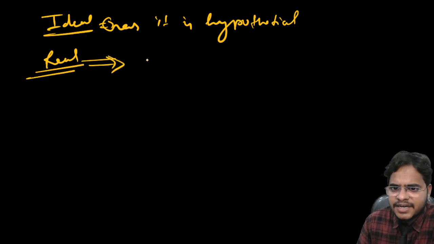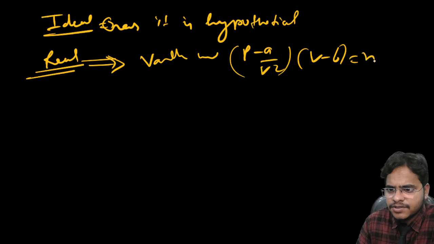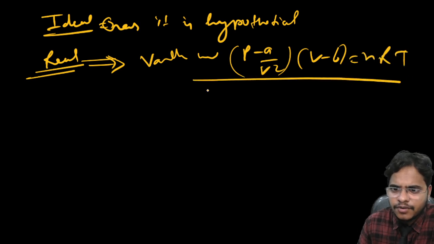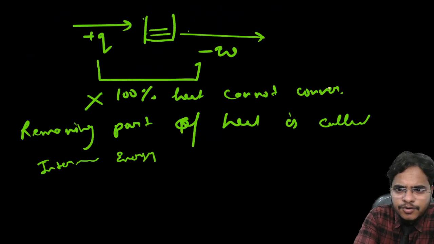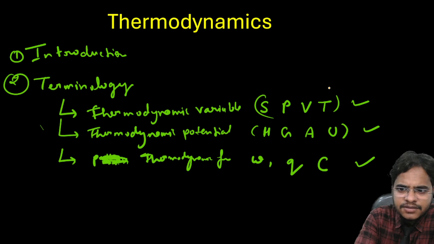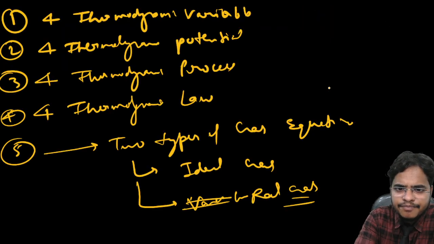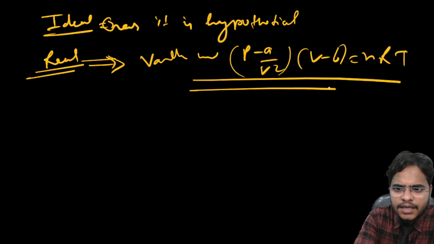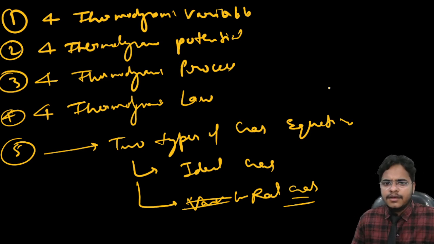Real gas representation is given by van der Waals: (P plus a upon V square)(V minus b) equals nRT. Okay. So today's topic of discussion, we stop here.